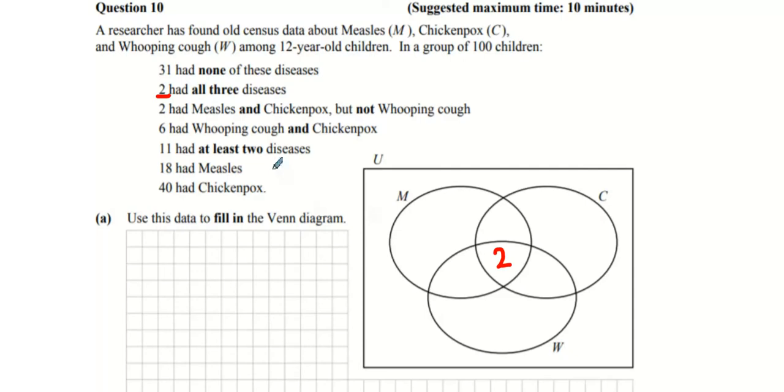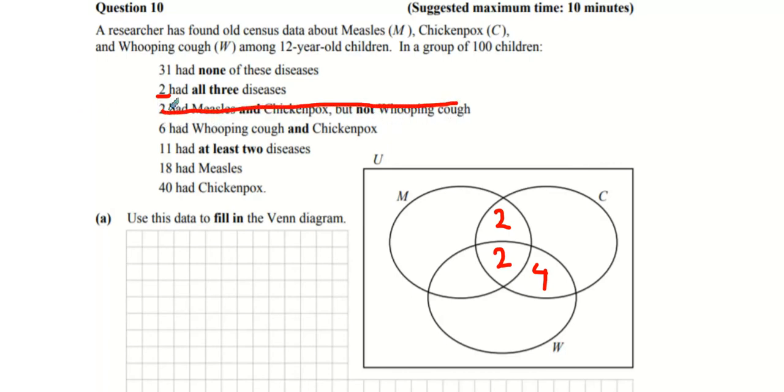There's 2 there. 2 had measles and chickenpox, but not whooping cough, so that would be 2 here. 6 had whooping cough and chickenpox, so whooping cough and chickenpox has to add up to 6. That'll make this section 4.